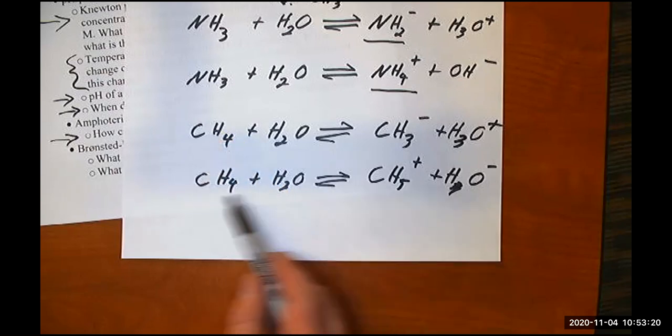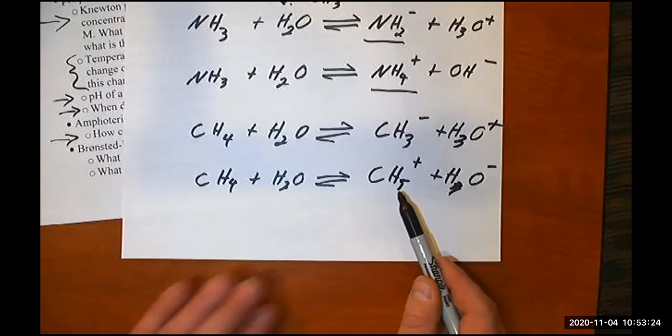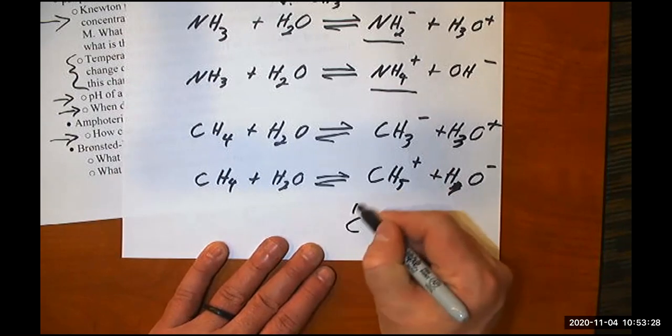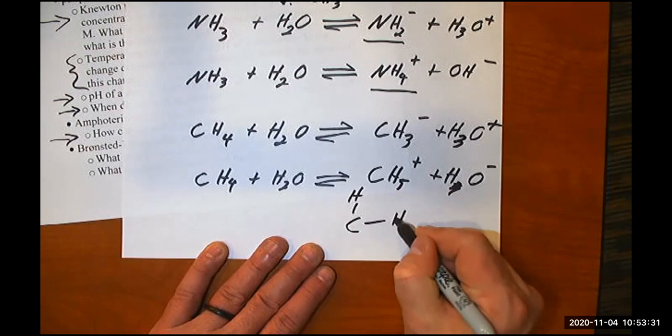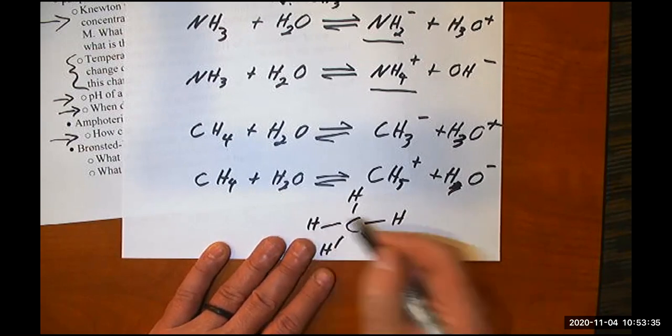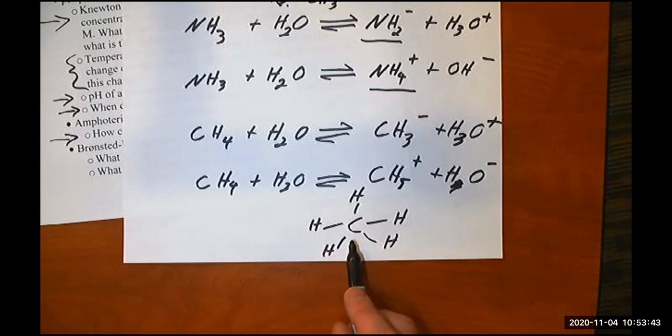But this reaction down here makes no sense at all because CH5 plus, what would its Lewis structure look like? Well, if we are forming 5 bonds to hydrogens, if you count up the electrons here, you have too many electrons, and you've exceeded the octet of the carbon.